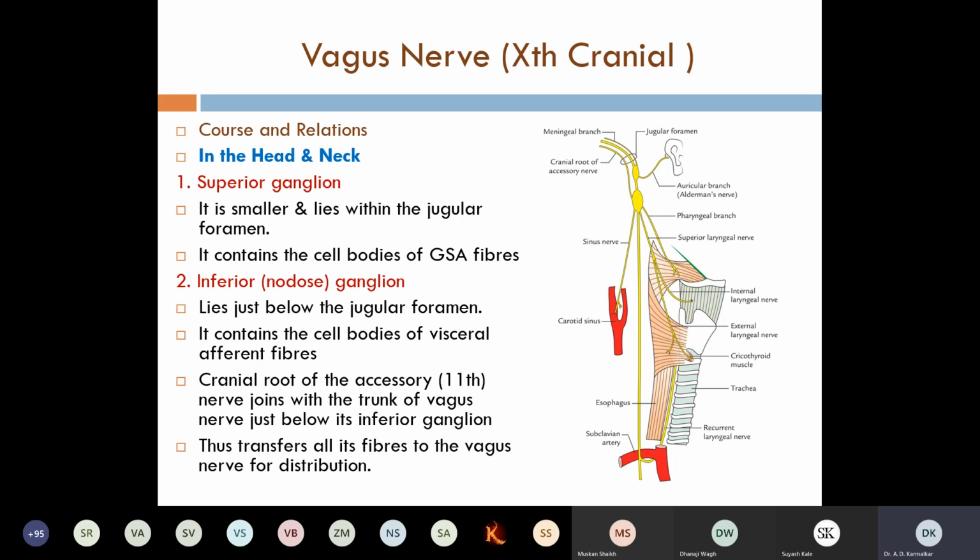Just underline this: the cranial root of the accessory nerve will join the trunk of the vagus nerve just below the inferior ganglion. As we go to the nerve supply, we'll come to know the importance of this. So all the fibers of the cranial root of the accessory nerve distribute with the vagus nerve.